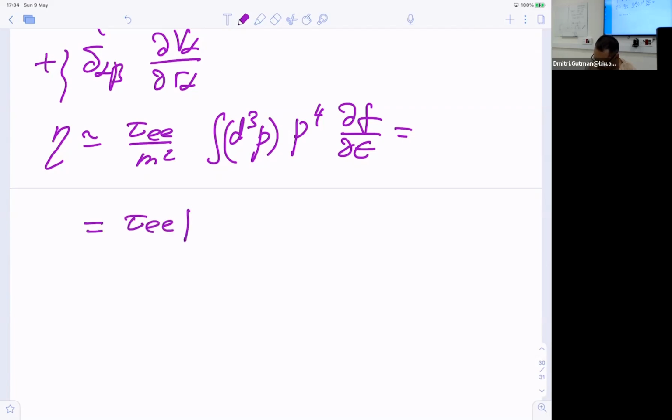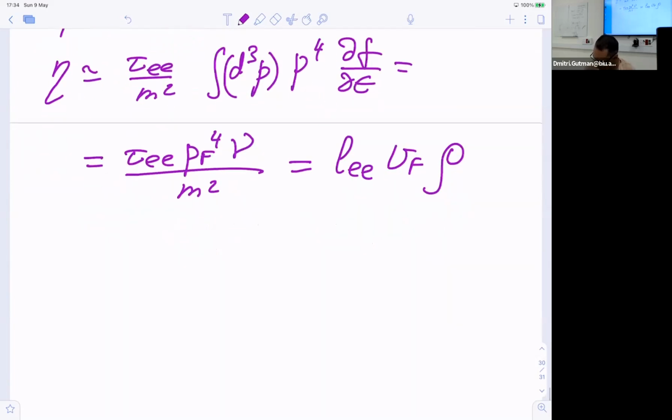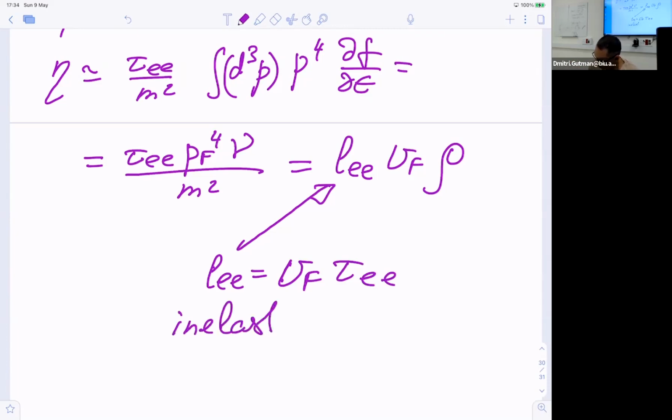tau EE p Fermi to the power 4 times density of states divided by m squared. And this is equal to LEE times V Fermi times rho. LEE is energy. So LEE is V Fermi times tau EE, the inelastic mean free path.